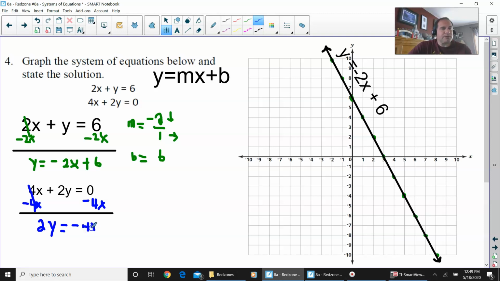The last step is to divide by 2. The reason you're dividing by 2 is because you need to separate the 2 from the y. So now you have y equals negative 2x.